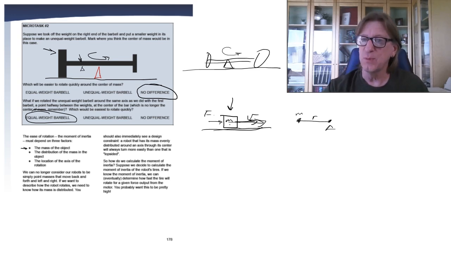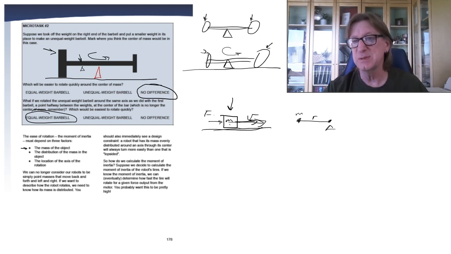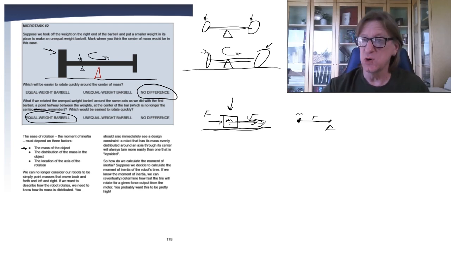That's the way it was before. Something that's heavier, even if I have two equally distributed barbells, right? If these two weights are less than these two weights, it's going to be easier for me to spin the lighter weight. Should make sense there. So the greater the mass, the harder it's going to be. That's kind of inertia in its normal sense that you're used to thinking about it up to this point.